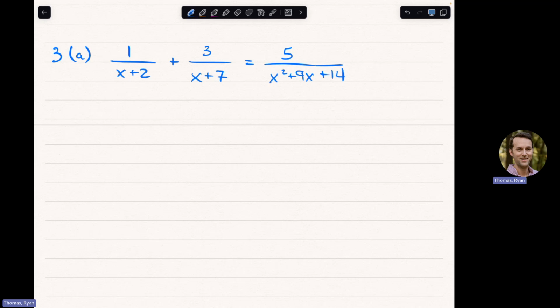Equals 5. Okay, yeah. So at some point we switch, right?